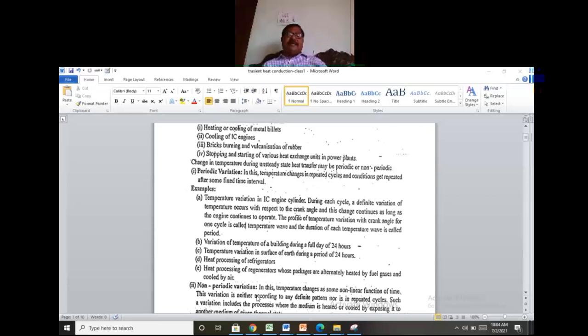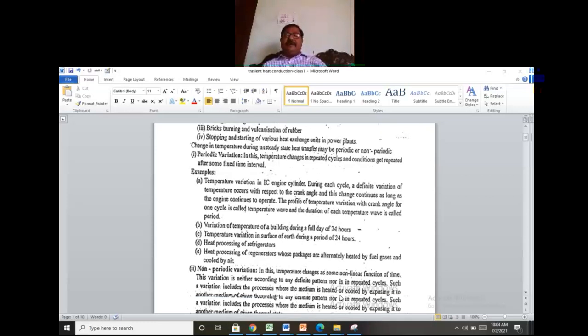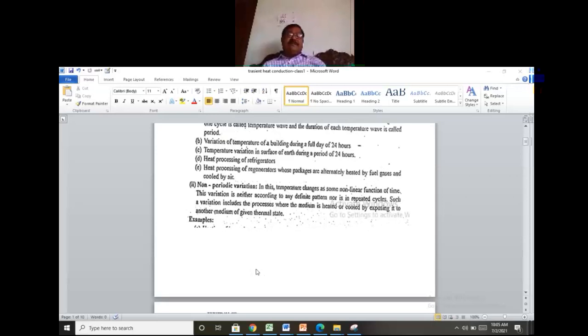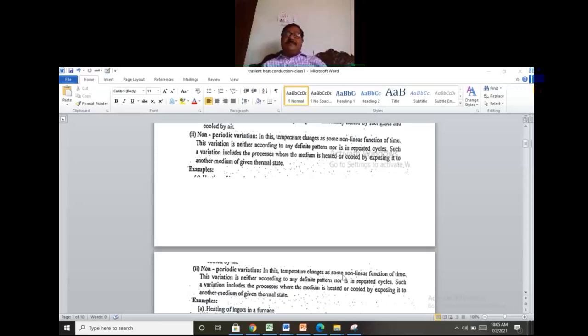This variation is neither according to any definite pattern, nor is it in repeated cycles, such that the variation includes the process where the medium is heated or cooled by exposing it to another medium at a given temperature. The temperature changes as some non-linear function of time.